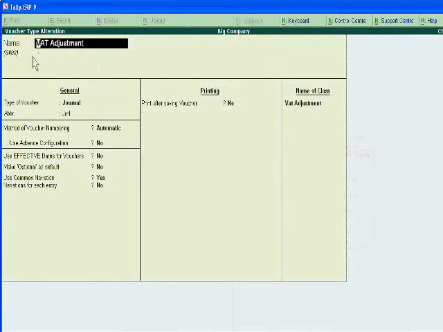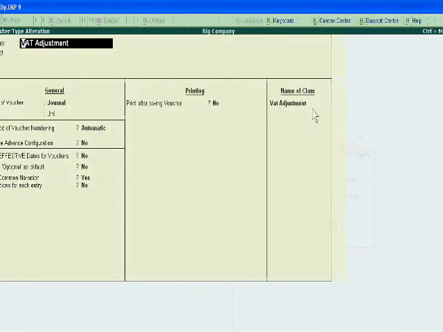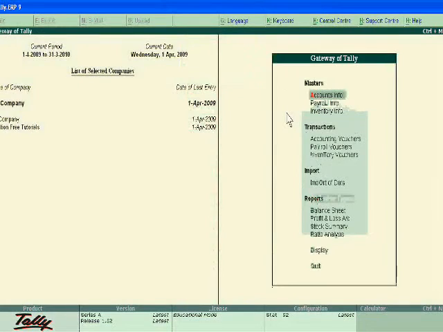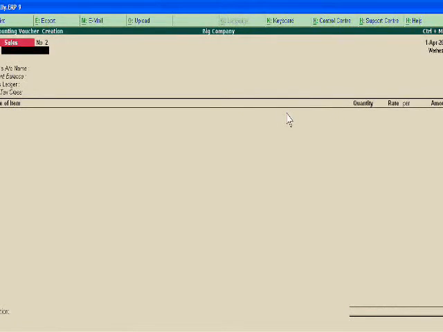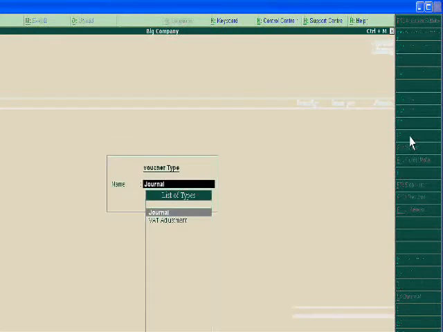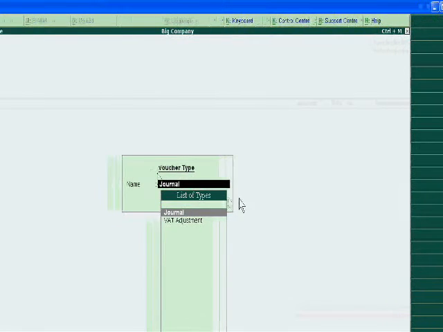Yes, this is a VAT adjustment under journal, and the name of the class is VAT adjustment. Now just go to voucher entry, click journal, and then VAT adjustment.